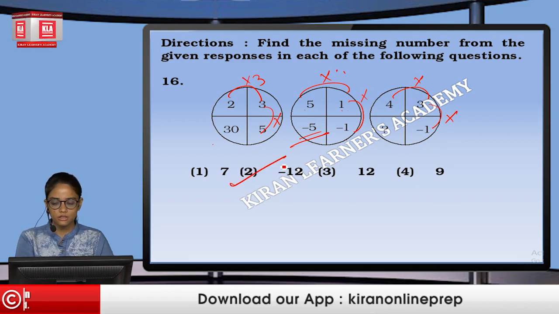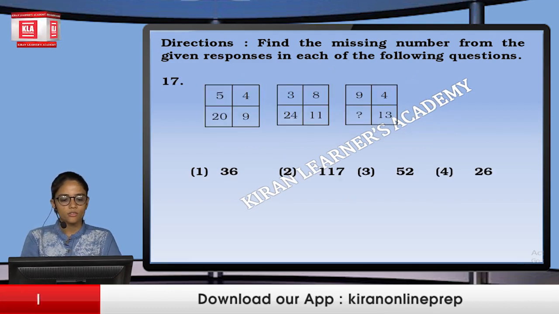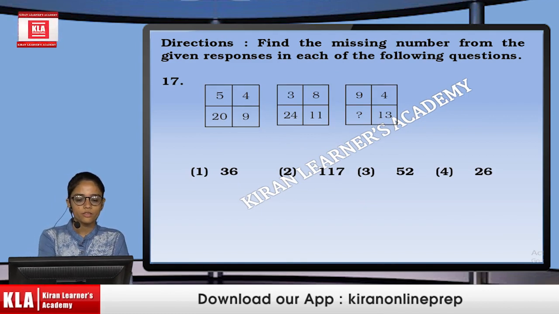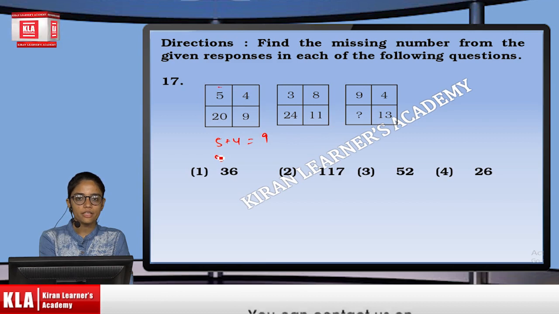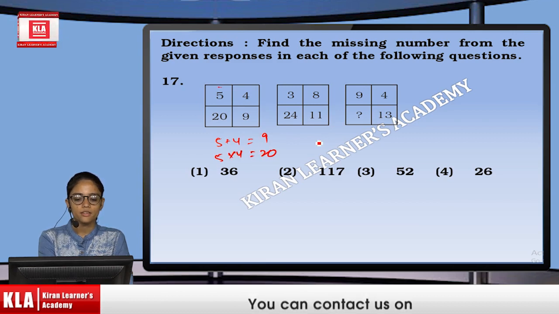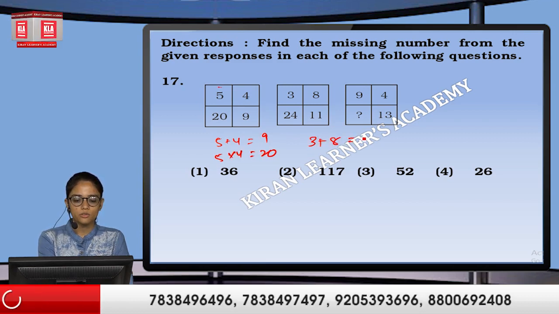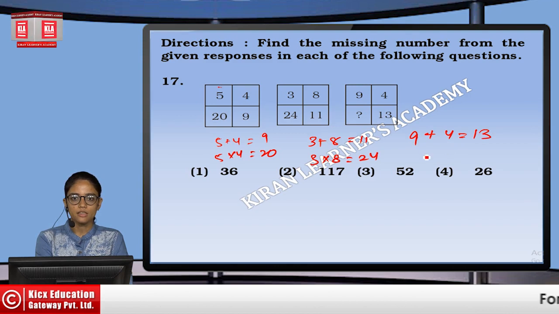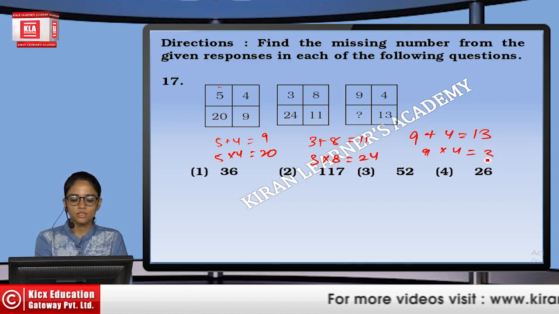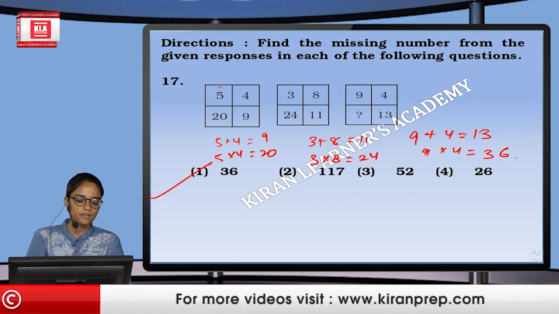That is option number 2. Next question. 5 plus 4 is equal to 9. 5 into 4 is equal to 20. 3 plus 8 is equal to 11. 3 into 8 is equal to 24. 9 plus 4 is equal to 13. 9 into 4 will be equal to 36. That is option number 1.